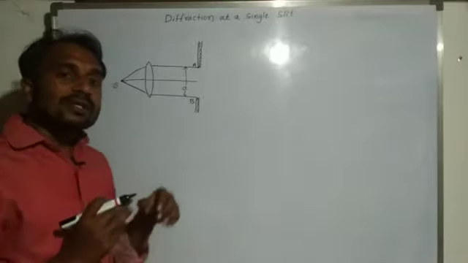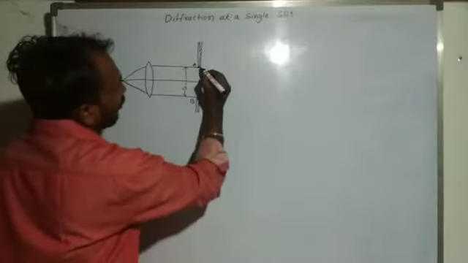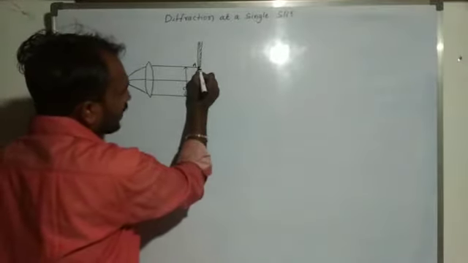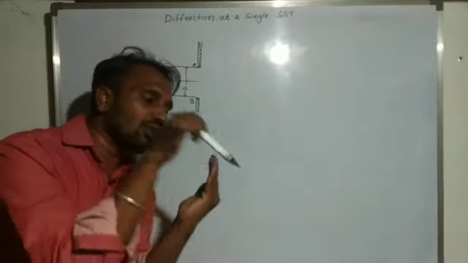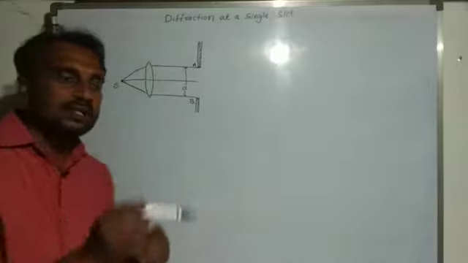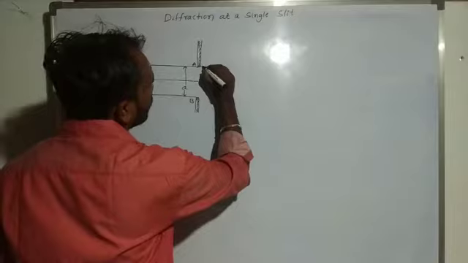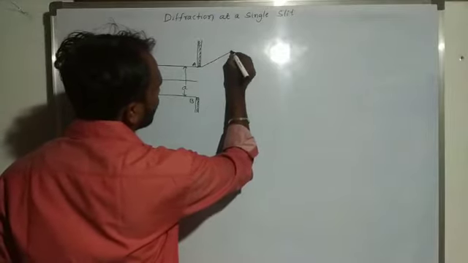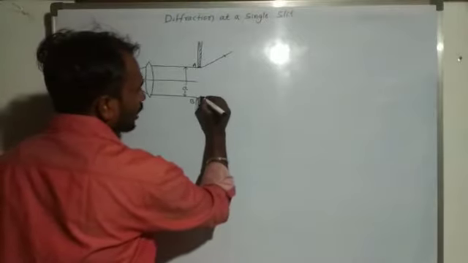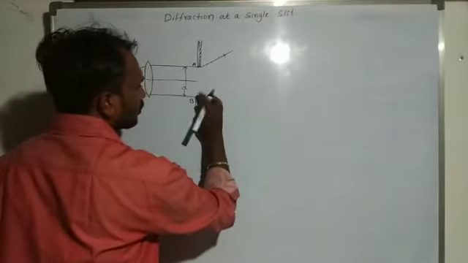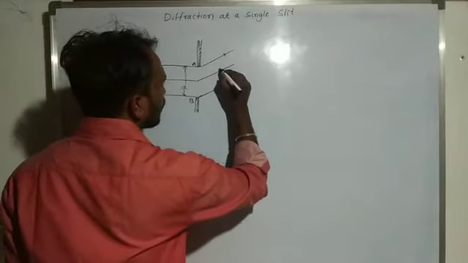Then what happens? Here we get the diffraction phenomenon. When these light rays are incident on an obstacle, the direction of the light changes. So the direction of the light ray changes here, and here also, and this direction also changes.